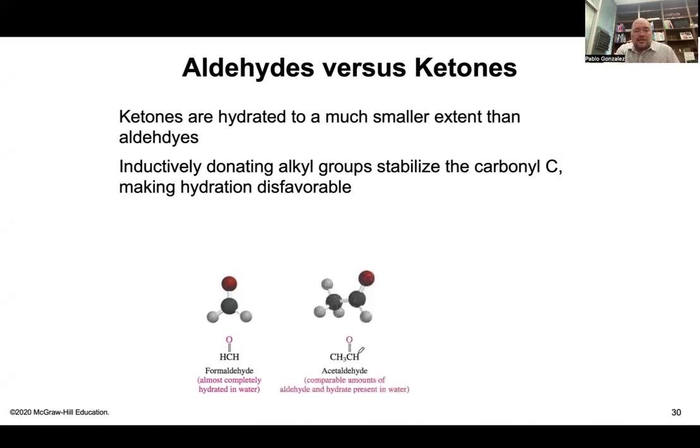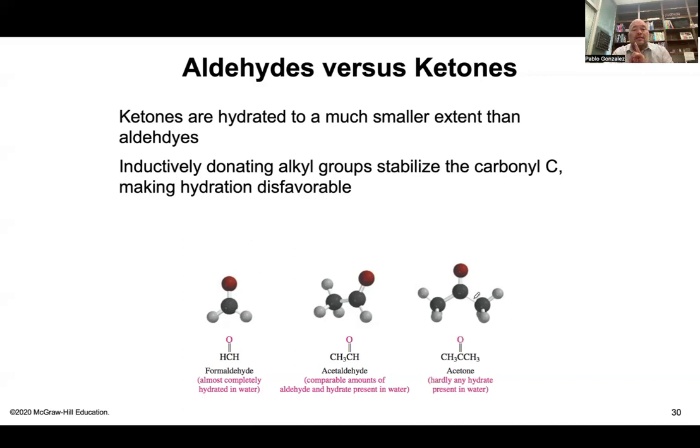Then we have acetaldehyde in here. This methyl group is donating electron density to the carbon, making this carbon a little bit less electrophilic than formaldehyde. And when we compare with acetone, we have two alkyl groups donating electron density to this carbon, making this carbon less electrophilic than acetaldehyde and formaldehyde.